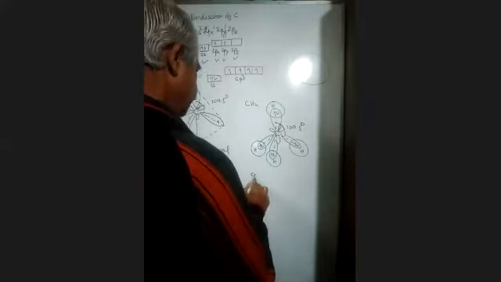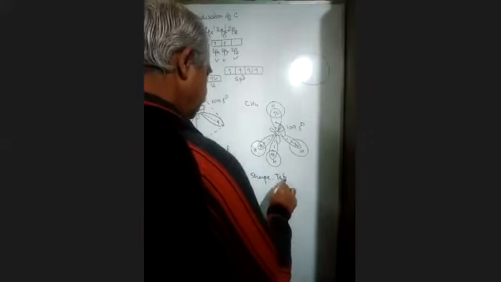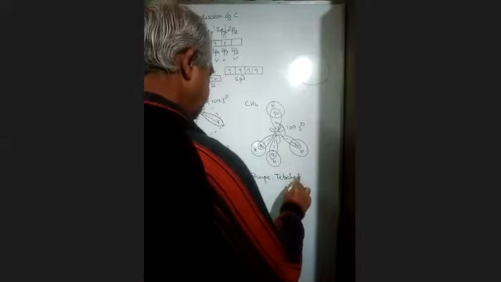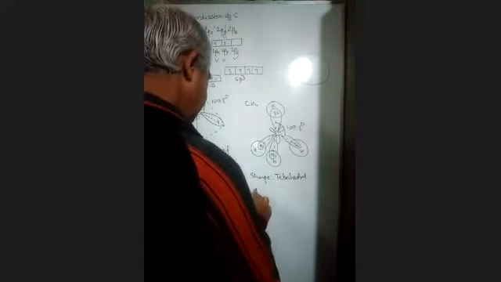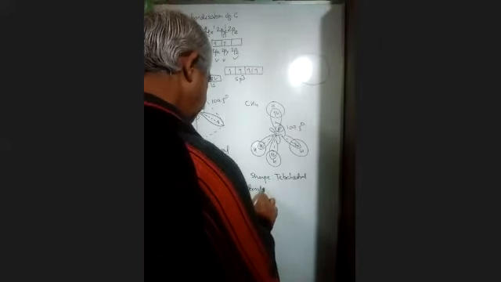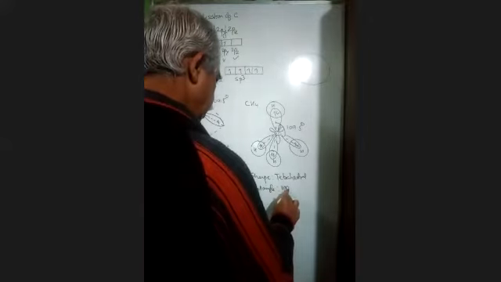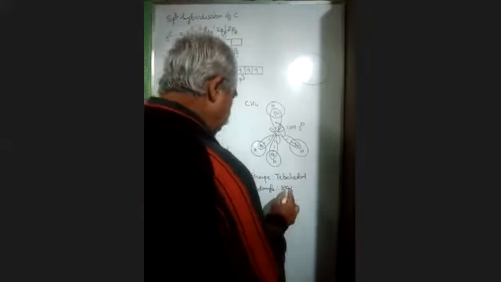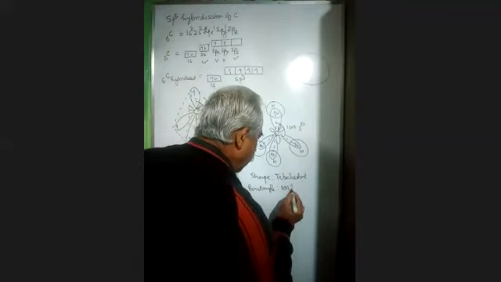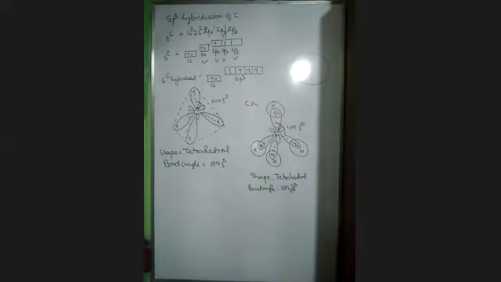So what is the shape? Shape is tetrahedral. And angle? 109.5.